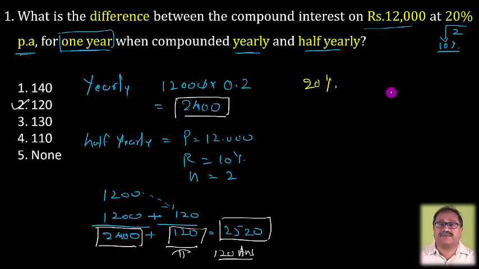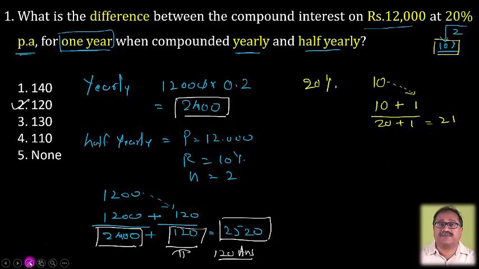Let's take half yearly compounding. When half yearly compounding, the rate of interest will become 10%. So I will take the first half year 10%, second half year 10% plus 10% of the previous 10%, and that is 1%. So what is the total here? That's 20% plus 1%, which is 21%.